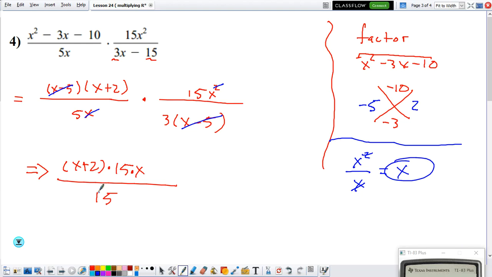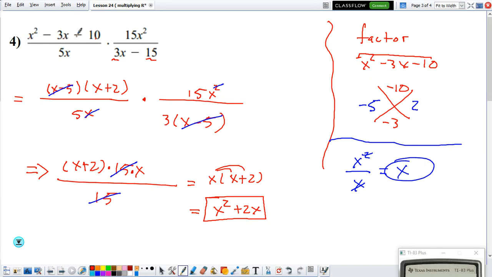So now this 15 can cancel out with this 15. What we have left is x plus 2, and if you distribute that, it becomes x squared plus 2x, which is our final answer here.